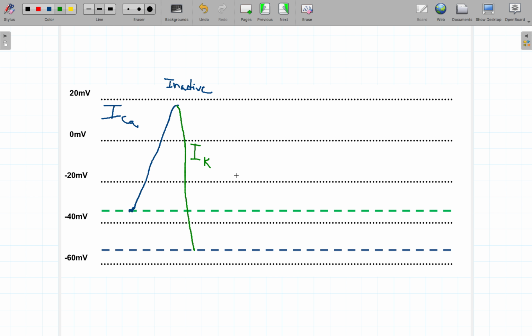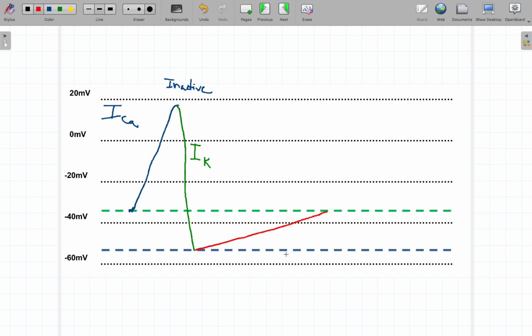It's at this point that something a little bit unusual happens. As the cell becomes more and more negative, it approaches a second threshold. When we reach that threshold, another current opens up that slowly causes the cell to become more positive.